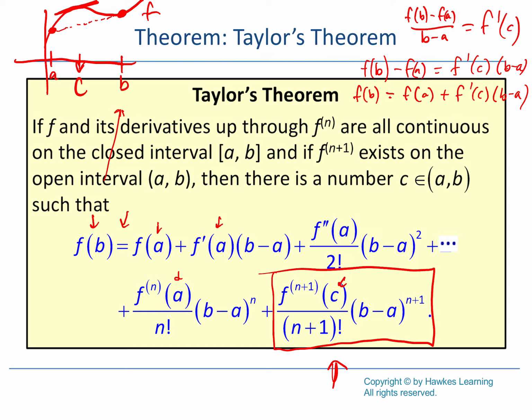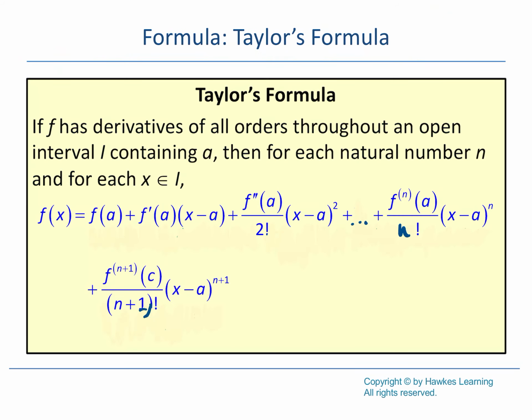If this last term goes to 0, then we are golden. All right, Taylor's formula. Yeah, that looks like what we've looked at so far.